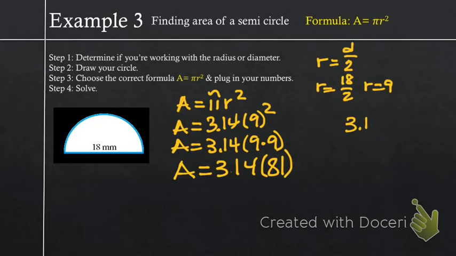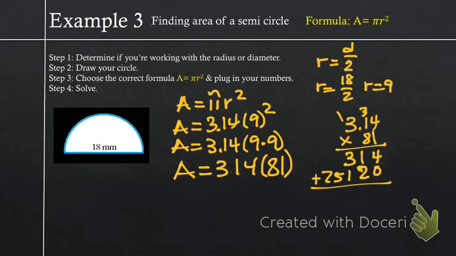So 3.14 times 81. Two behind the decimal.